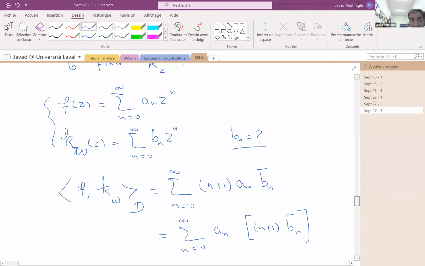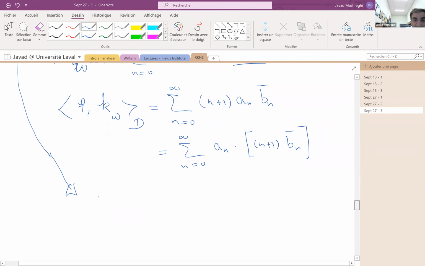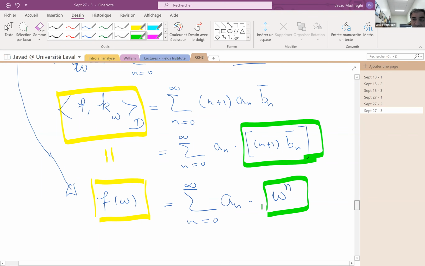The other thing, the same formula as here, I write with z replaced by w. F of w is also the sum from 0 to infinity of a_n times w^n. So that's one formula for the inner product. That's another formula for f of w. And we want these to be equal to each other. Therefore, the only possibility is to have this coefficient equal to this coefficient.